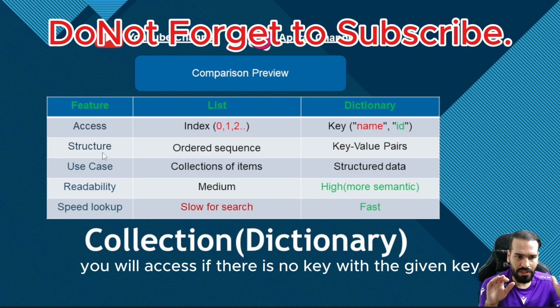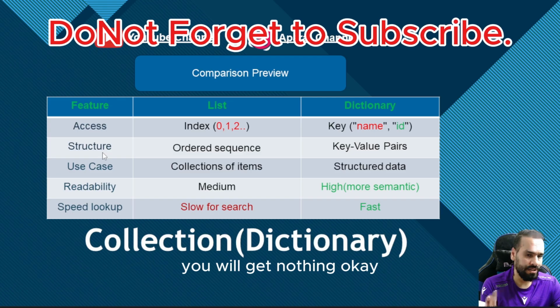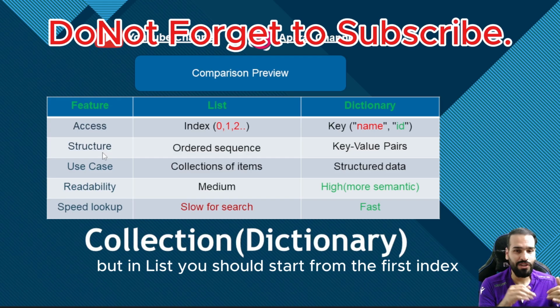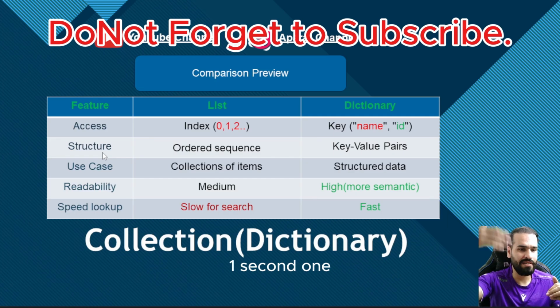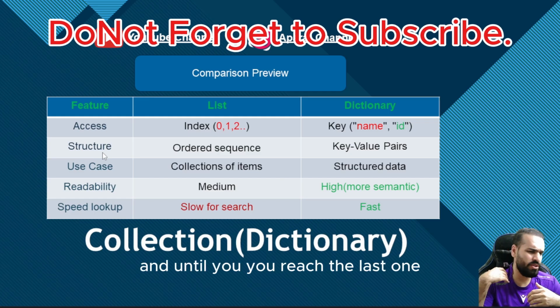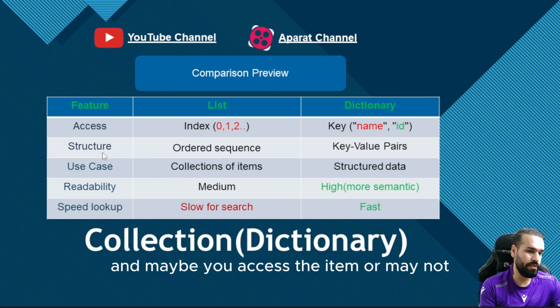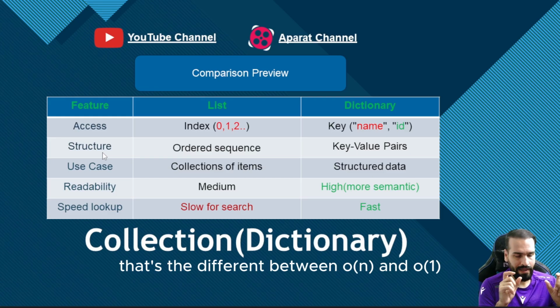If there is no key with the given key, you will get nothing. But in a list, you should start from the first index, I mean 0, go to the second one, and continue until you reach the last one, and maybe you access the item or maybe not. That's the difference between O(n) and O(1).